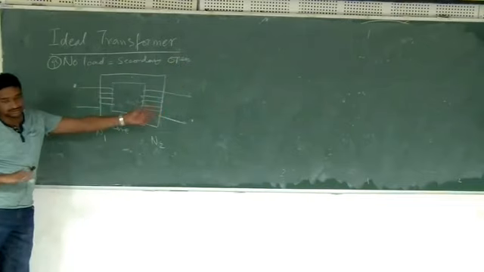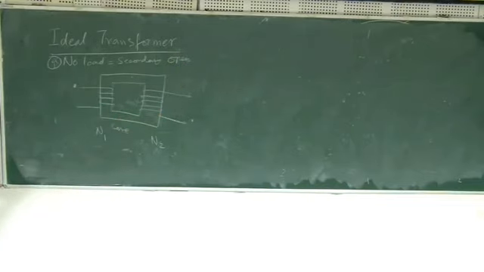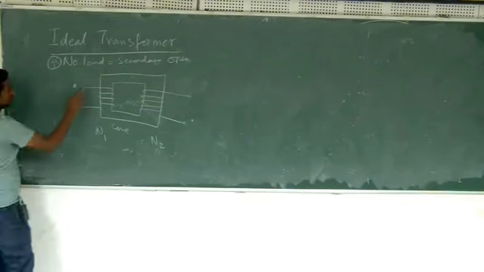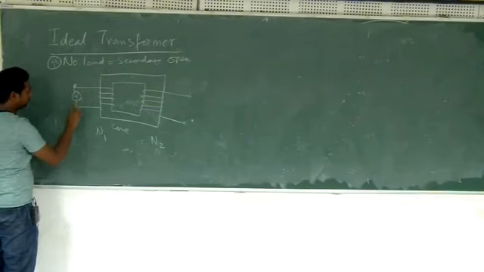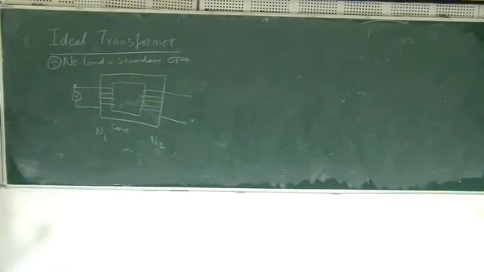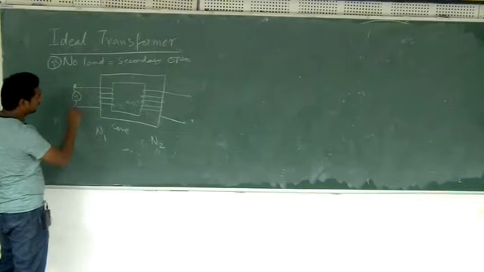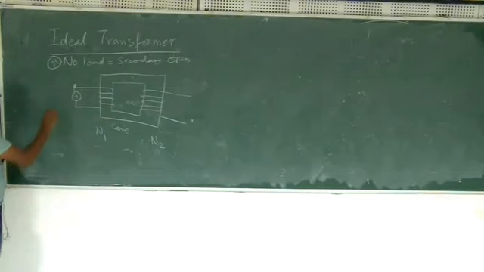Okay, the secondary side is open. Now you have the primary side. So the question is, because it's ideal, what happens if I connect like this? Some voltage I'll apply. In that case, what happens?